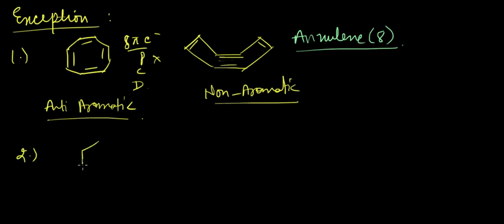Okay, so the second point is, when you see this compound you will see that it is having 1 2 3 4 5 6 7 8 9 10 pi electrons. It is planar, it is cyclic, it is having this delocalization of pi electrons. It should be 1 2 3 4 5 6 7 8 9 10.